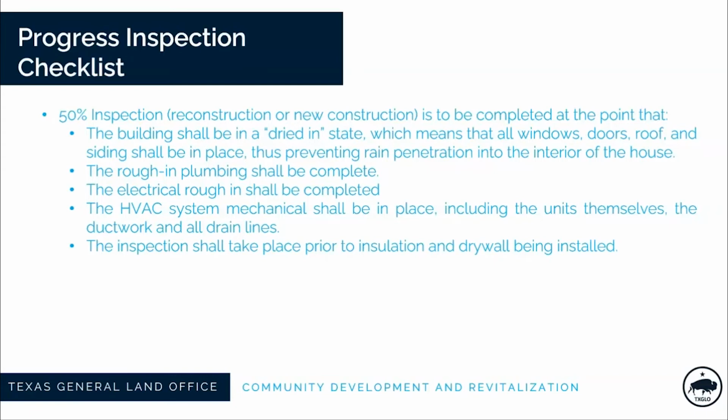The electrical rough-in shall be completed, including, but not limited to, the placement of receptacle boxes, switch boxes, and the circuit breaker box. The HVAC mechanical system shall be in place, including the units themselves, the ductwork, and all drain lines. The inspection shall take place prior to insulation and drywall being installed.